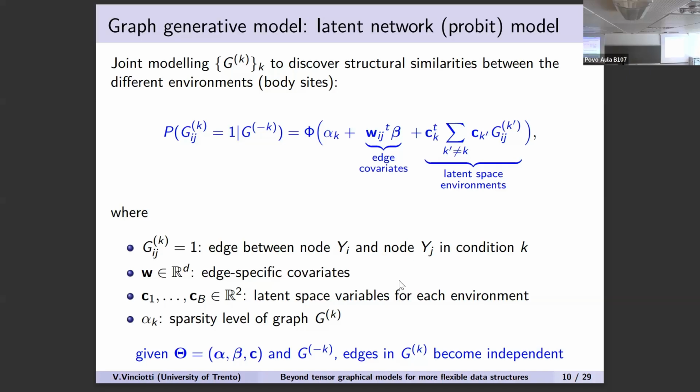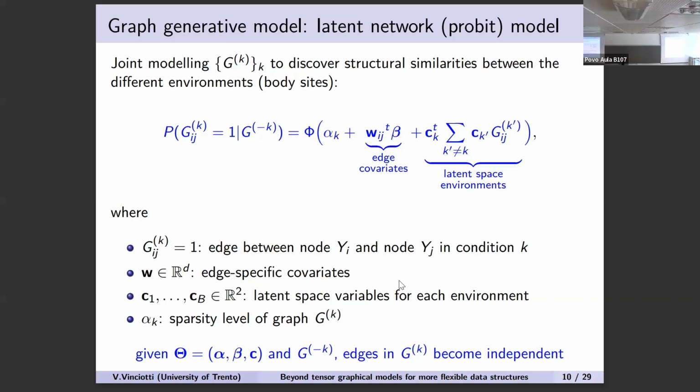So I put a parameter that depends on k. The second bit: maybe we have some data that tell us whether two nodes are more likely or not to connect. So this is a regression type of model with regression parameters beta, and you will see an example later. Maybe you have some actual data that tells you whether the probability is higher for two nodes to connect.